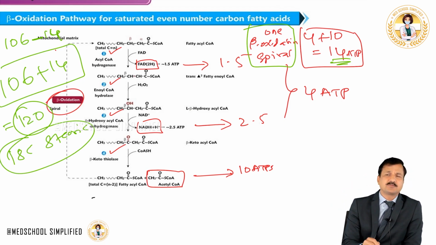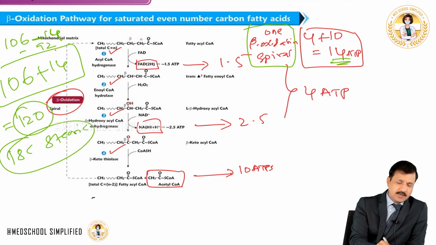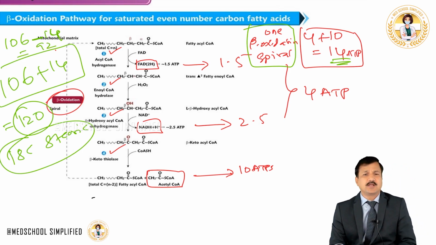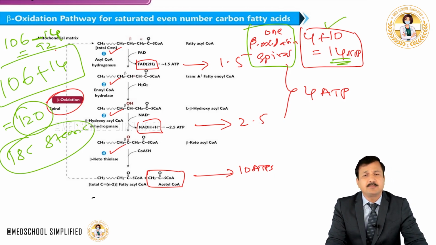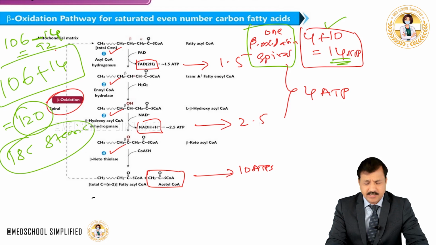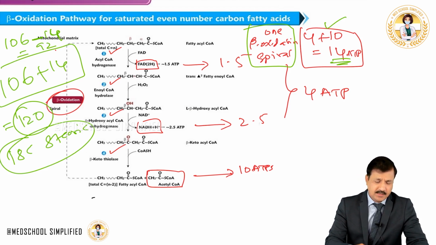So 106 minus 14, we get 92. 92 will be the number for 14 carbon. That's where the understanding of the ATP yield from one spiral of beta oxidation of a fatty acid is necessary. That's what I was trying to say here.